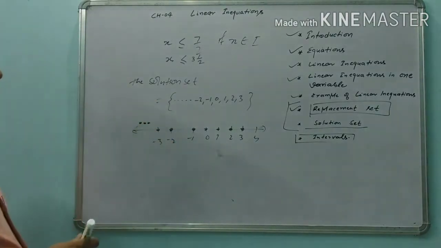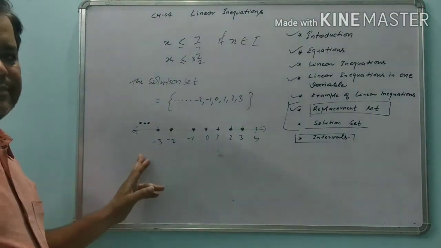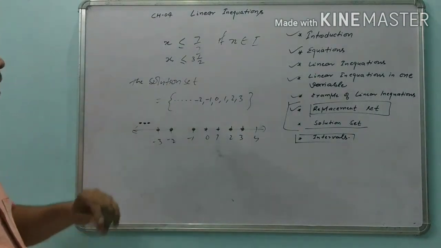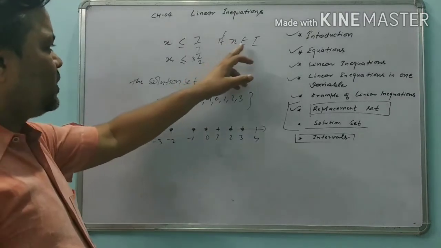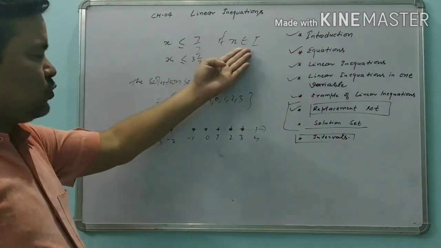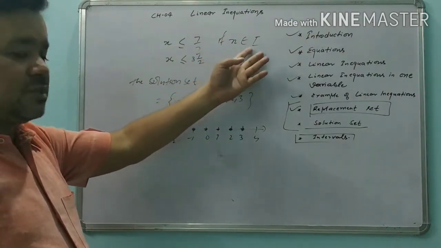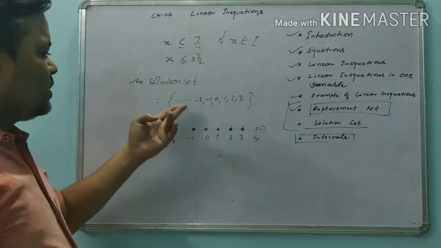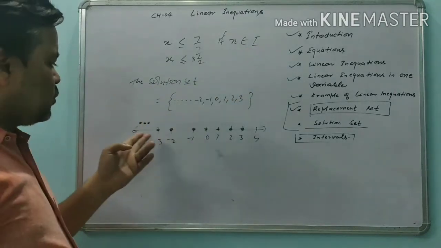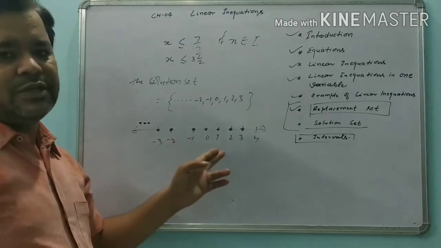It means all the values which are less than -3. Okay, so in this way, if x belongs to integer, then according to the replacement set, the solution set is changed, and how to represent it on the number line is also changed.